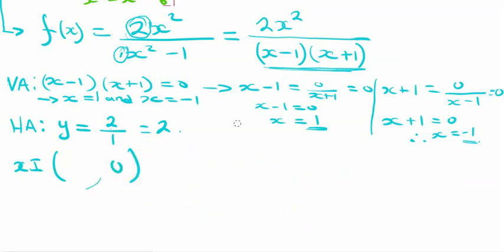So we just equate the entire rational function to 0. 0 is equal to 2x squared over x squared minus 1. Therefore, multiply everything by x squared.